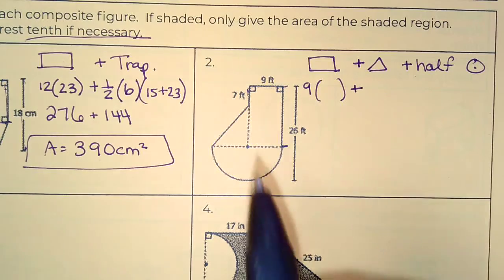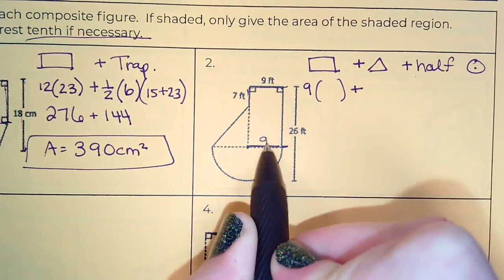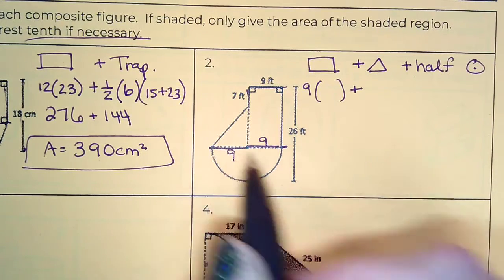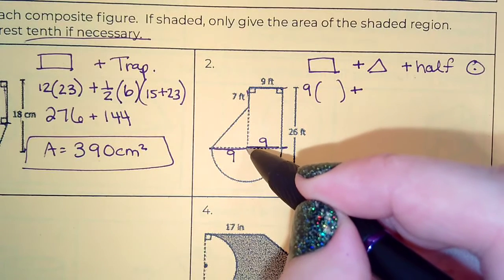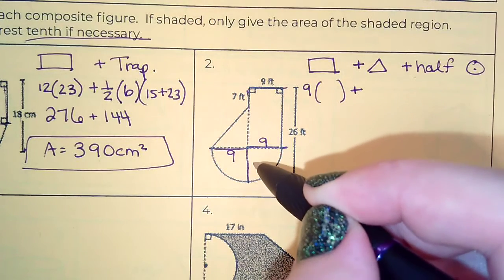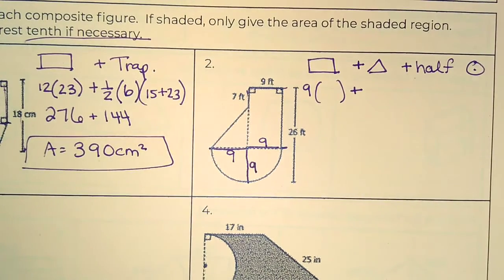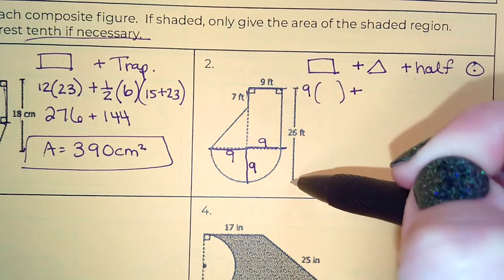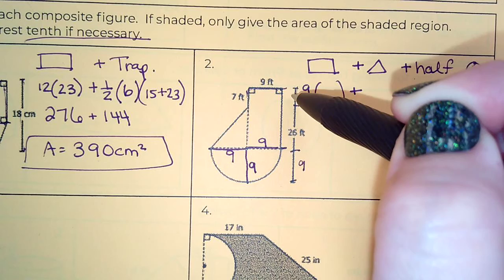Well, let's see here. If this is 9, that means this is 9. Which in turn means this is 9. Which in turn means from the center to the outside of the circle, this would be 9. So now I can find it. The entire height would be 26. From here to here is 9. From here to here is 7.